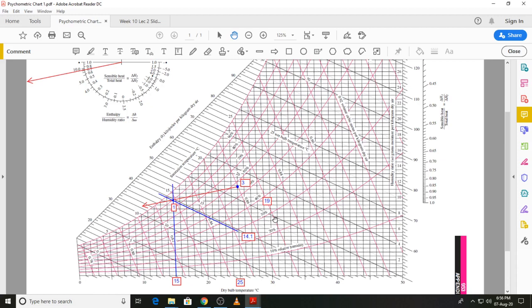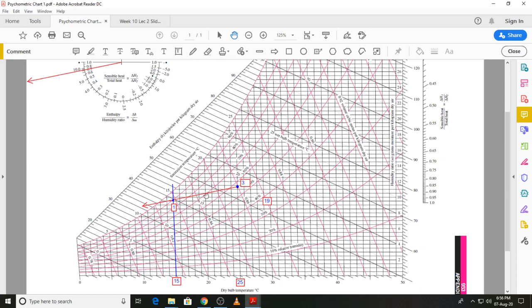Just to make the drawing a little less cluttered, I will remove this information about the wet bulb temperature, which is already there in your recording.